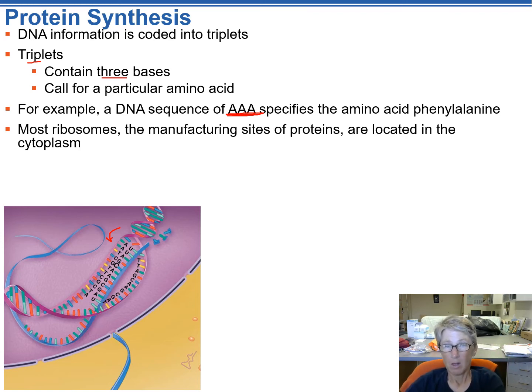If you said DNA sequence of AAA will give a UUU sequence in RNA, you'd be right. And then that UUU in RNA is the triplet code that will code for the amino acid phenylalanine.